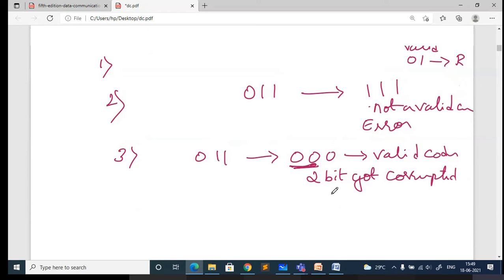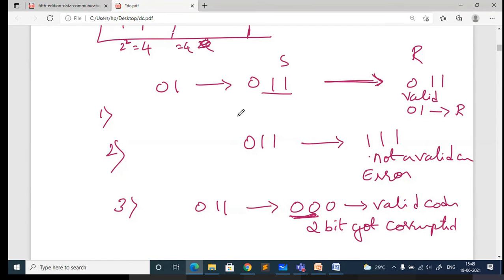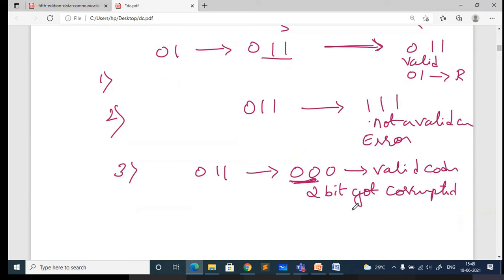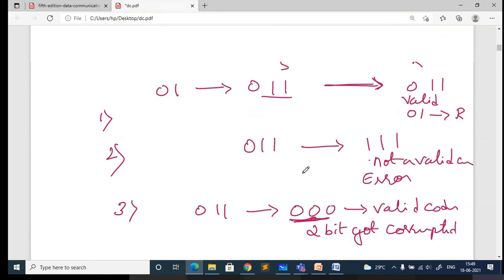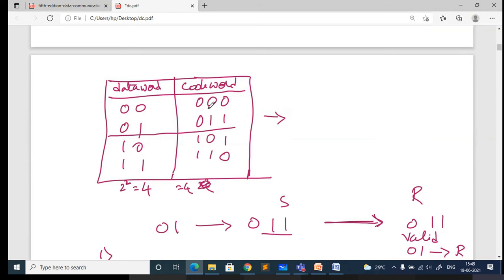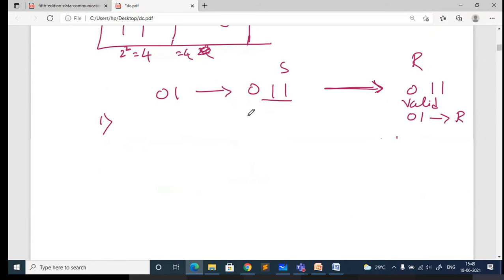Is it clear? All three cases. I've just taken this example. If there is no error, or if 1 bit got corrupted, it is easily possible to identify. If it is more than 1, sometimes it is misinterpreted as a valid code word because it is matching with the table. 00 is there, so it comes to know that it is correct.